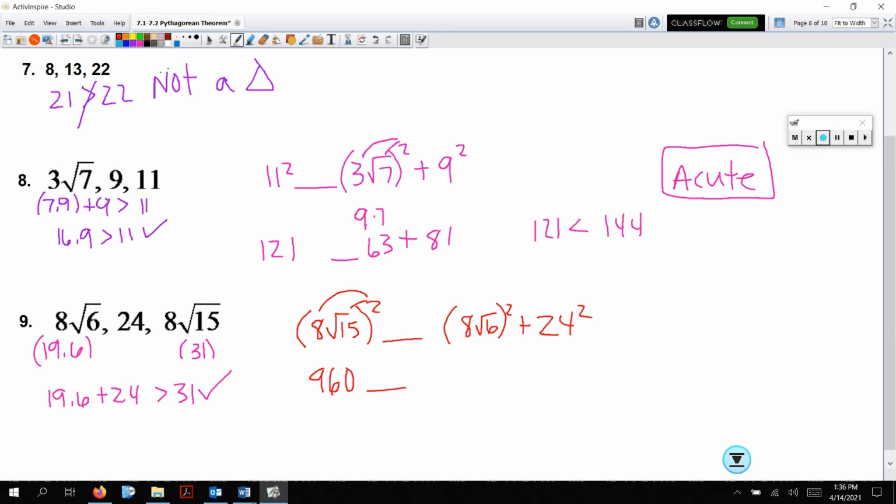And then let's do parentheses 8 root 6, close parentheses, square it. That gives me 384 plus 24 is 408. Is that right? I feel like that's not right.